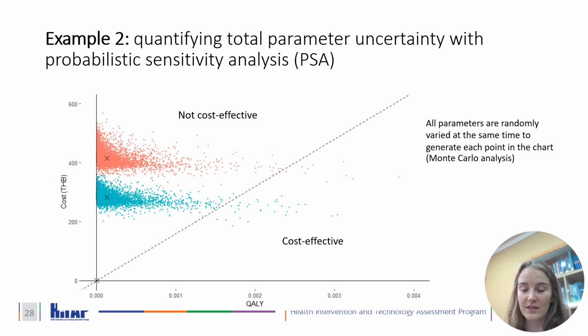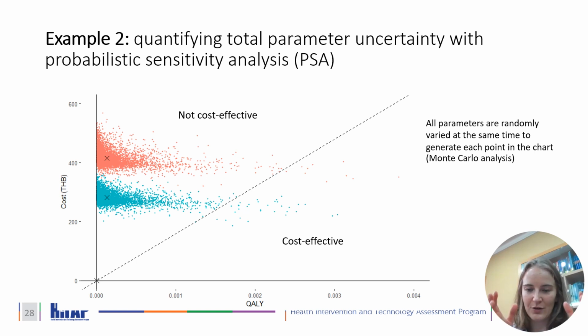So probabilistic sensitivity analysis takes into account that spread or distribution of the points, so that it's more likely that it's going to be a value closer to the mean or closer to the deterministic value that you've used, as opposed to a value which is quite far away. It also changes all of the parameters in one go.